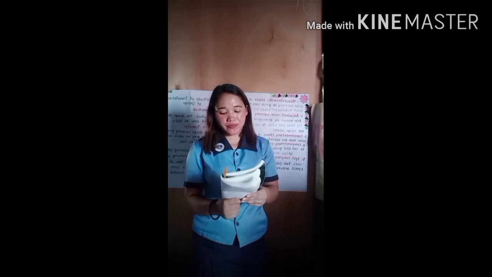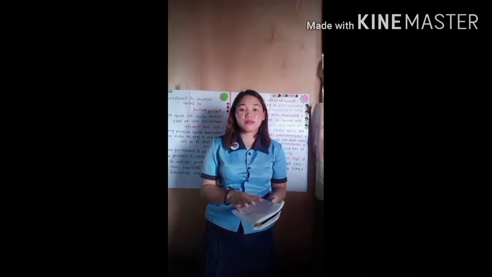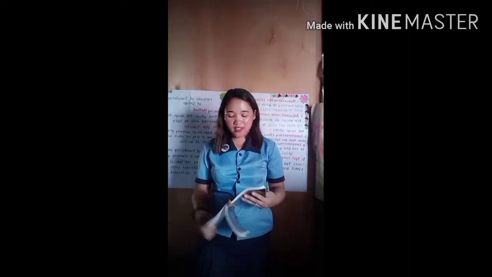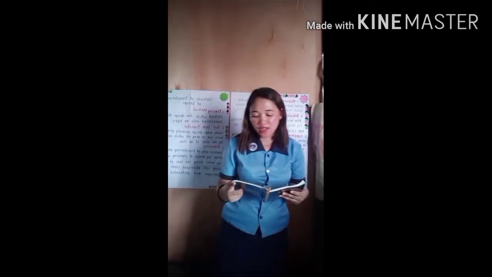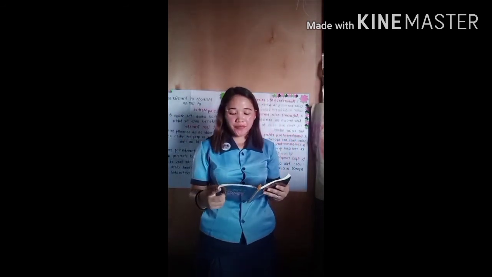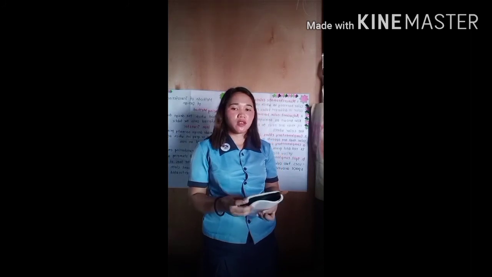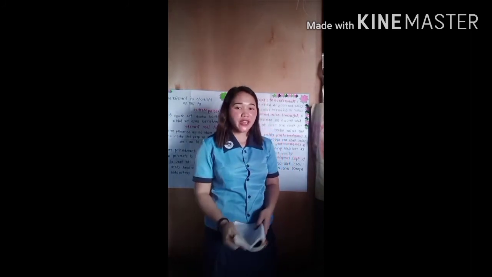Okay, number 4, the answer is balance. So, the last one is the smooth movements of lines and colors which can carry the eyes along in motion. Okay, good. The answer is rhythm.